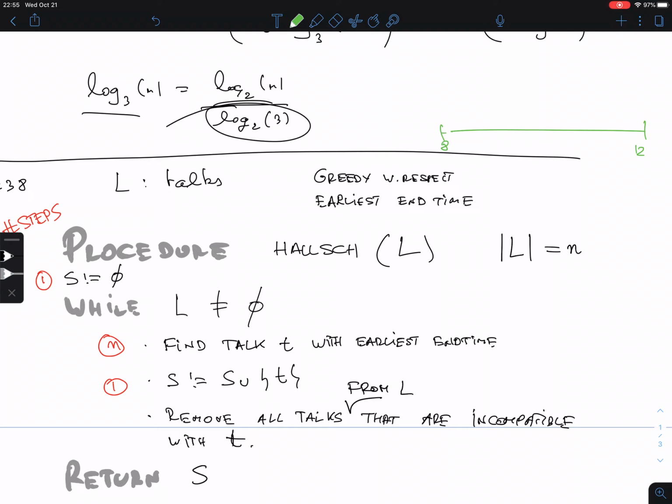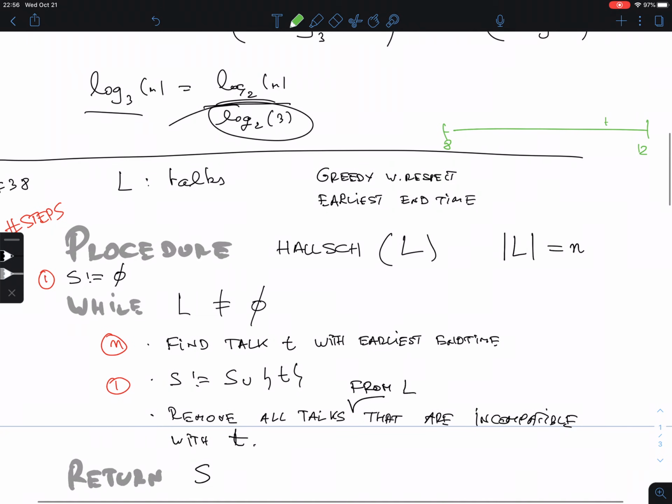Okay, so going back to 8 and 12. The first time that was given to me was scheduled here. And the second time given to me was scheduled here. The third time was this one, and the fourth time was this. So let's say this is the order in which they came, talk 1, 2, 3, and 4. So you see already that every talk will be scheduled.